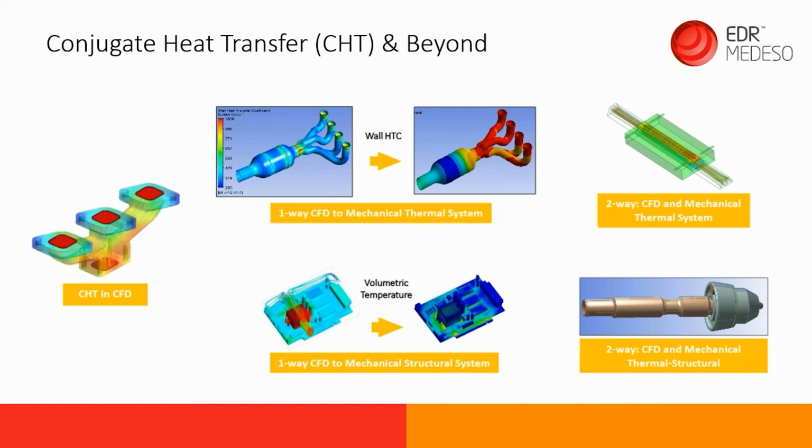In this case, we've got a circuit board here, and we're interested in maximum temperatures, but oftentimes thermal stress cycling of a circuit board might be something we're interested in. And you can go further. If you've got transient or cyclic thermal loads, then you can start to look at two-way data transfers. In a lot of thermal analyses, we don't have a lot of thermal deformation, so one-way transfers work quite well. But certainly if you've got a cyclic thermal load, then we start looking at two ways. So CHT in CFD is almost always leading you somewhere else to other types of analysis.